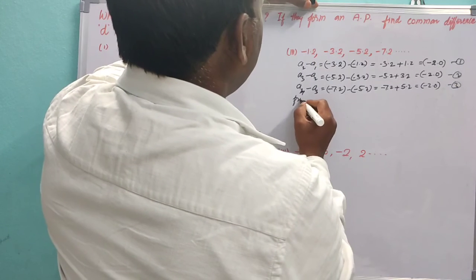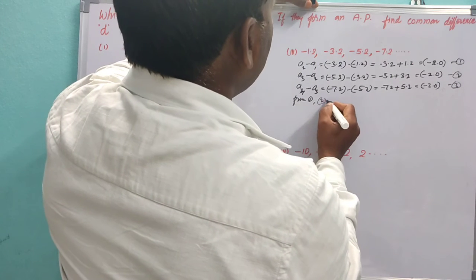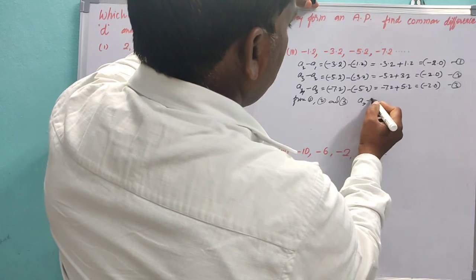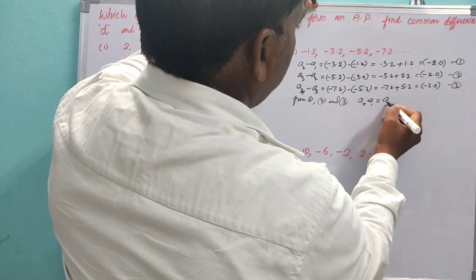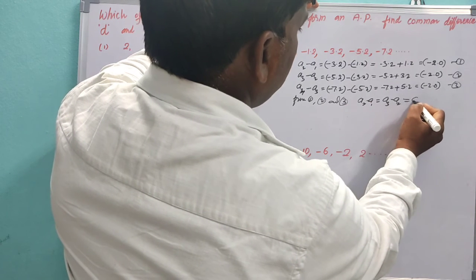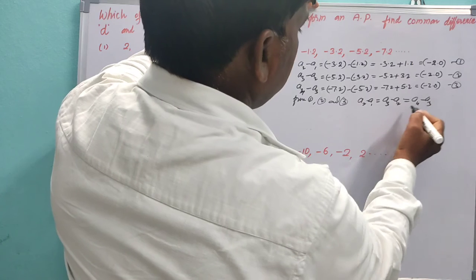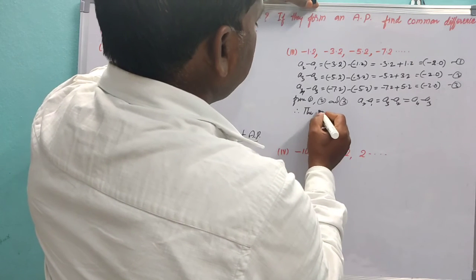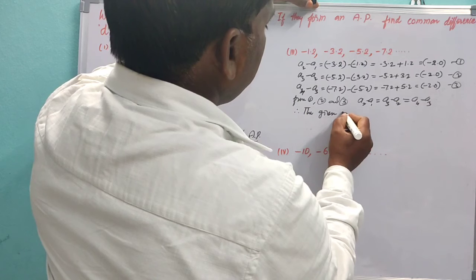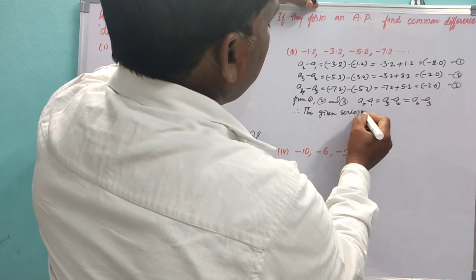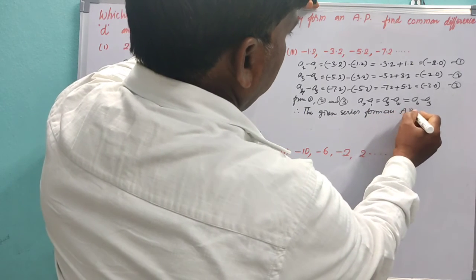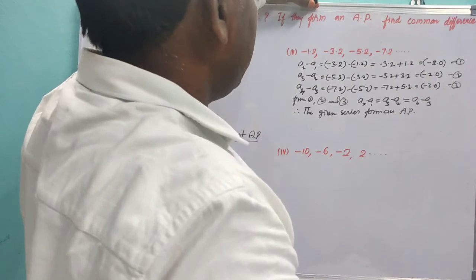So from 1, 2 and 3, a2 minus a1 is equal to a3 minus a2 is equal to a4 minus a3. Therefore the given series forms an AP. The given series forms an arithmetic progression.